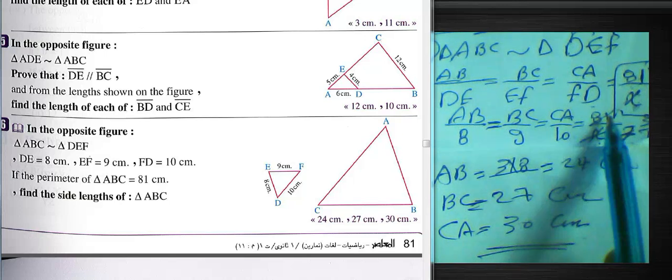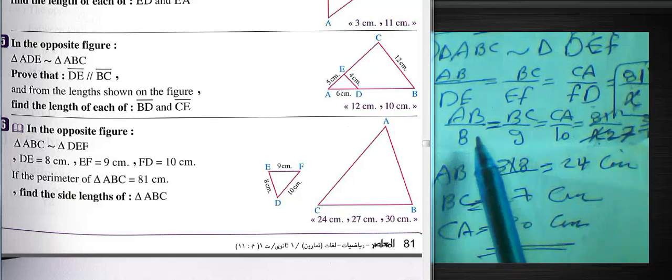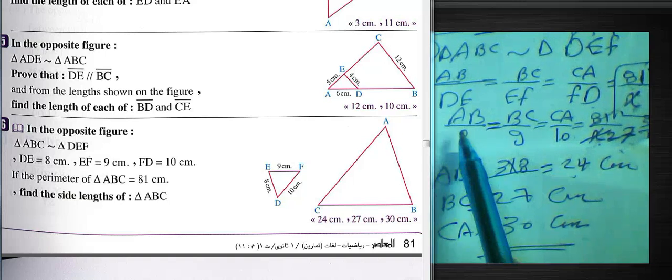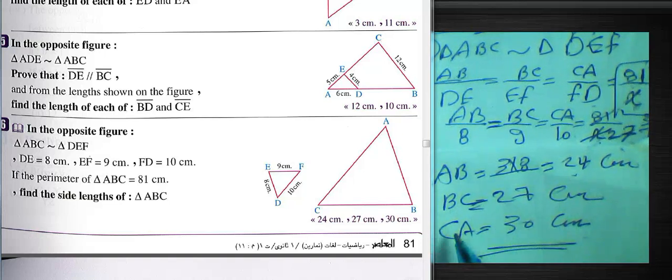So 81 divided by 27 equals 3. 3 multiply 8 equals 24. AB equals 24 centimeter. BC equals 27. CA equals 30 centimeter.